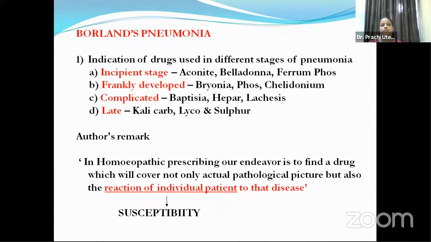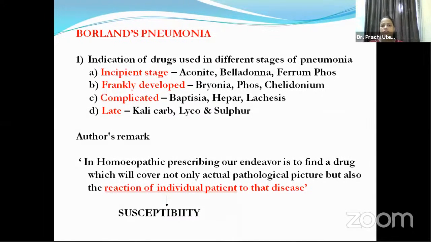Now there is Borland's view. He has given different remedies according to the stage of the pneumonia. He has divided pneumonia into 4 stages: incipient or initial stage, frankly developed, complicated, and late.